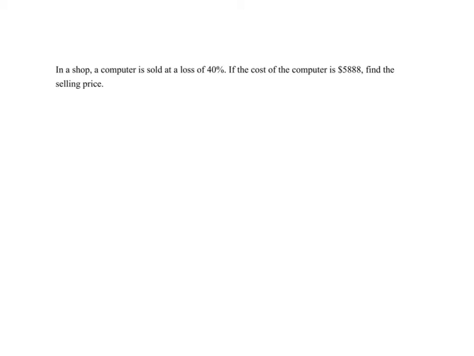It is another example of the topic loss. In a shop, a computer is sold at a loss of 40%. It is the loss percentage. If the cost is $5,888, we need to find the selling price.